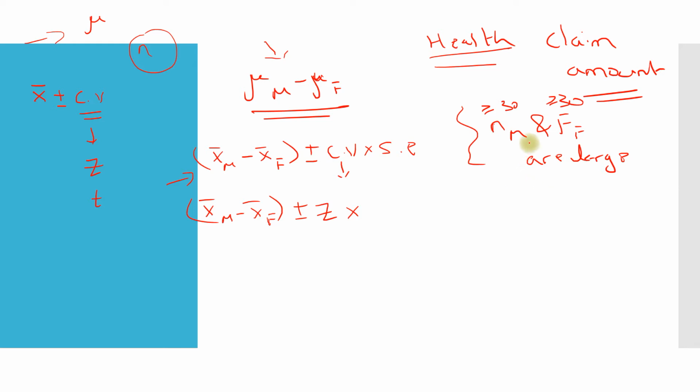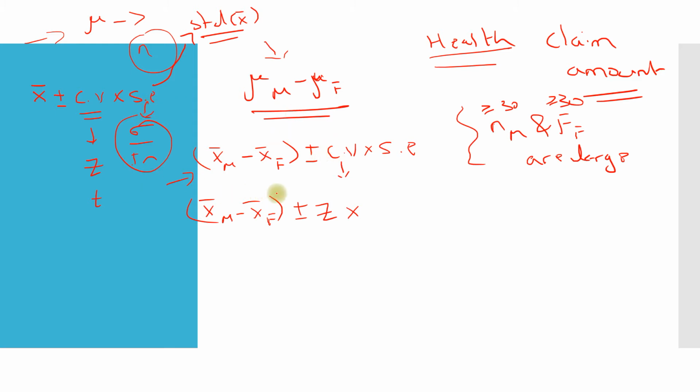Now, the standard error means what? The standard error is the standard deviation of a statistic. If you refer to here, when we did this, we had to multiply by the standard error, which is the standard deviation of your statistic x bar. That is what gave us sigma over root n, for example, as a standard error.